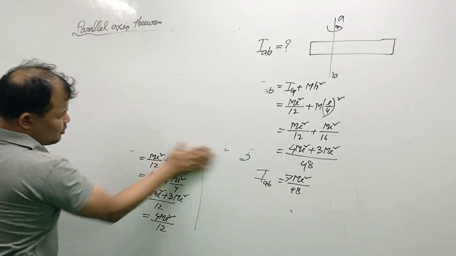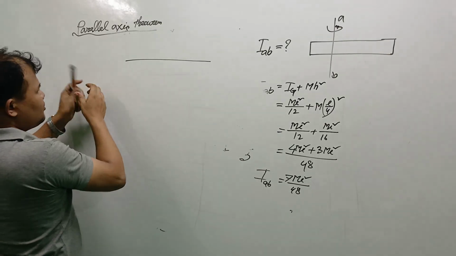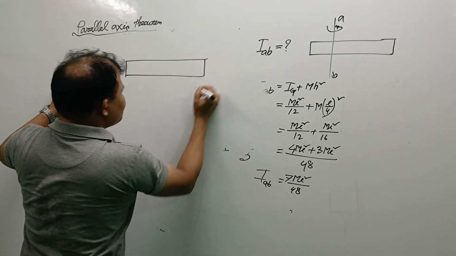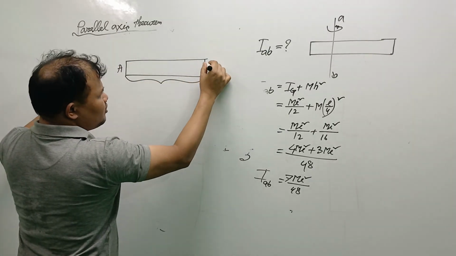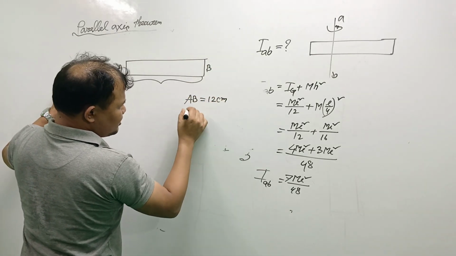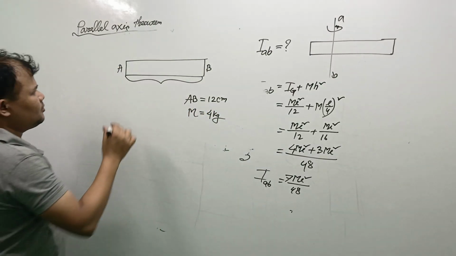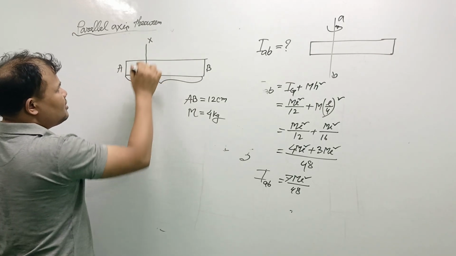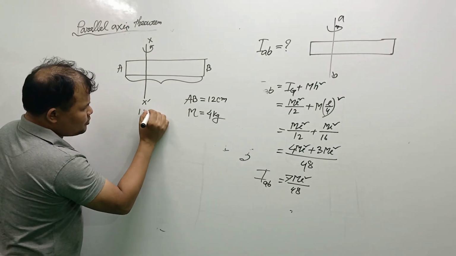Okay, my dear student, our problem is, suppose this is the uniform rod. The name of the uniform rod is AB, and the length of AB is 12 centimeter and mass is 4 kg. Try to find out the moment of inertia for the x prime axis if this x prime axis divides AB into 1:3.